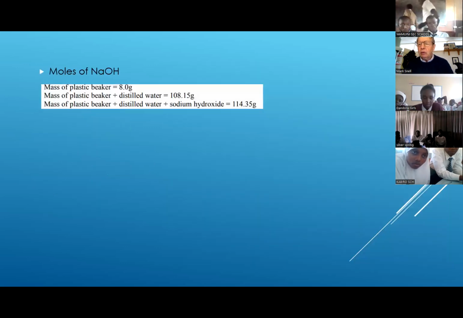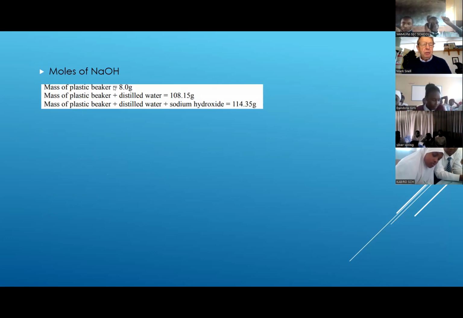Then it says the moles of sodium hydroxide. Have a look at this now and see if you can work out the moles of sodium hydroxide. We have the plastic beaker, which weighs 8. Plastic beaker and distilled water is 108.15. When we add the sodium hydroxide, it goes up to 114.35.